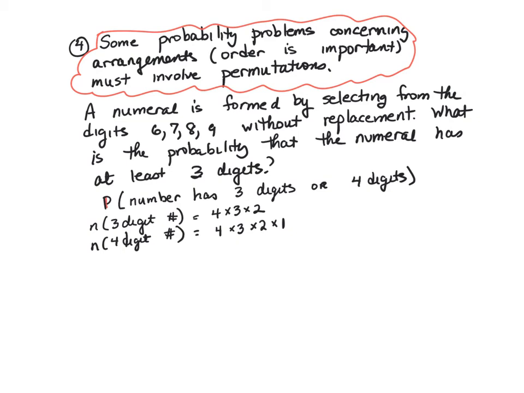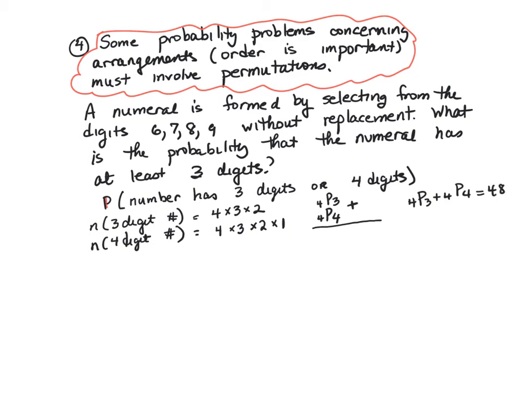So we could express this as 4p3 over 4p4. Now, because we want the number to have 3 digits or 4 digits, we would probably add these two, because with or we add them. So the answer would be 4p3 plus 4p4. Or, in other words, 12 times 2 is 24, and 24 plus 24 is 48.